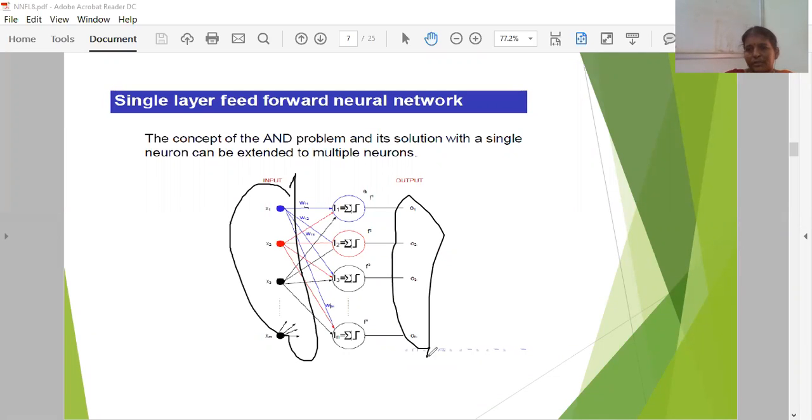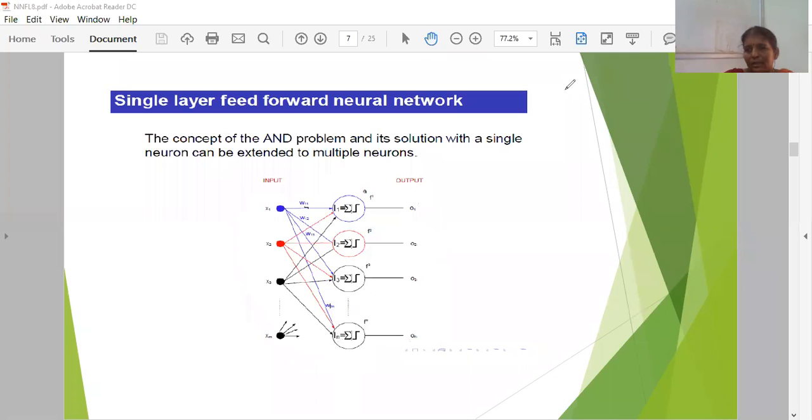The output layer is indicated with n number of output neurons. Okay, so again you are taking your summing point and threshold value for all the n number of neurons and cross checking the same condition that we have discussed in our previous slide. Clear? Hope it is clear for everyone.